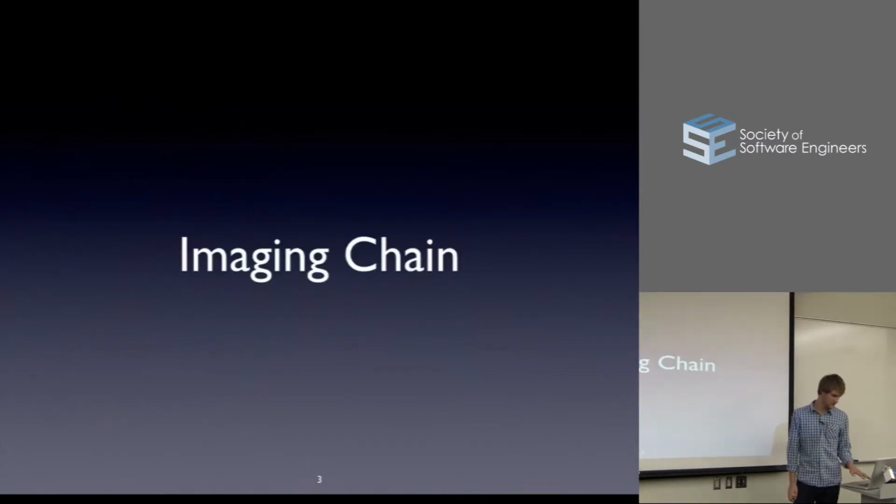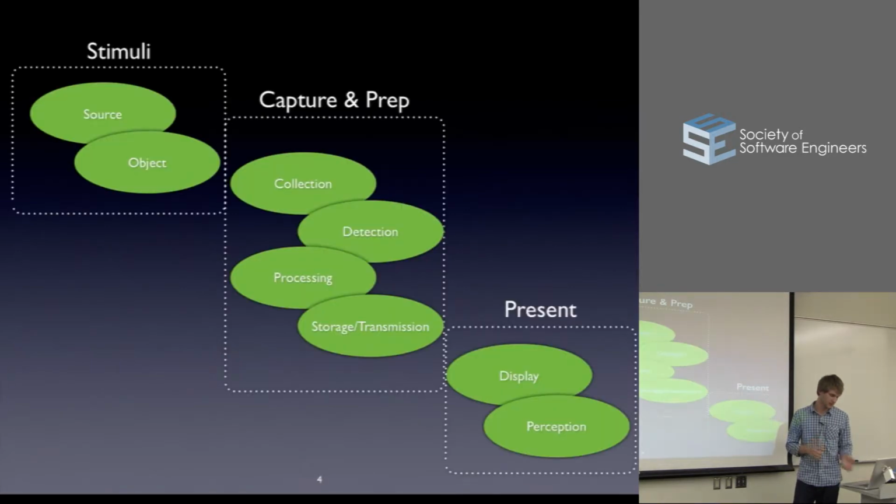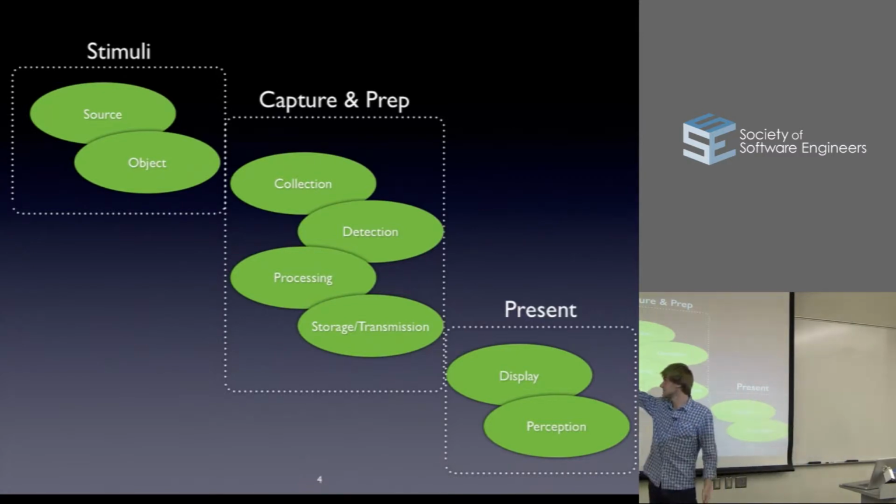It's very hard to describe a complete imaging system. What is an imaging system? Sometimes it's just a camera, but it can be many things beyond that. So what we tend to do in our industry is describe it with the imaging chain, whereby there is a source that emits some form of electromagnetic radiation or something else.